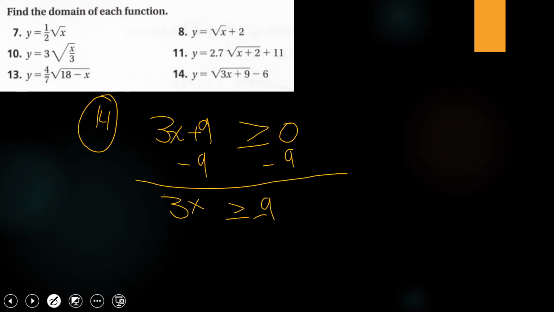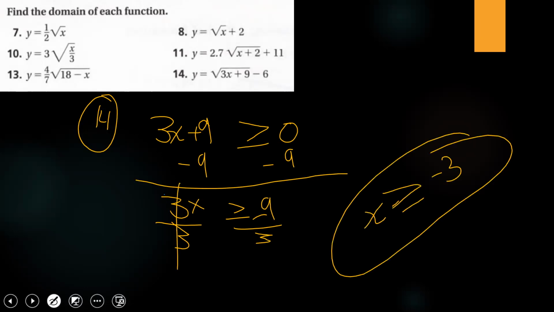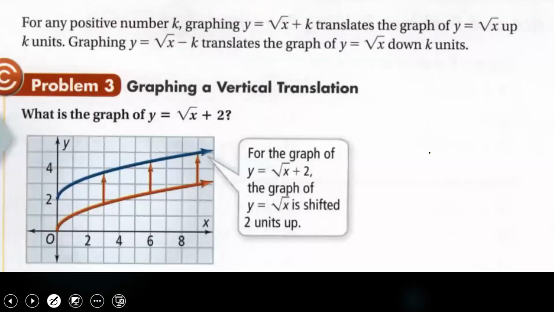But I don't want 3x to find the domain. I have to find the x values, not the 3x values. So we have to divide by 3. And then we said x is greater than or equal to negative 3. This will be the domain of the function. That's all of the information that we talked about yesterday.